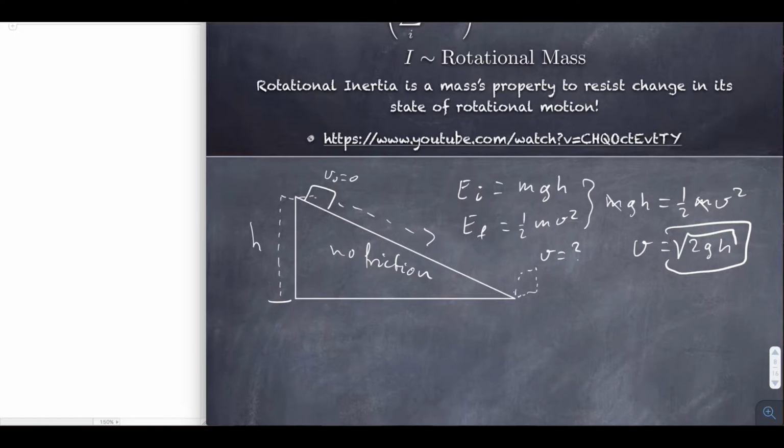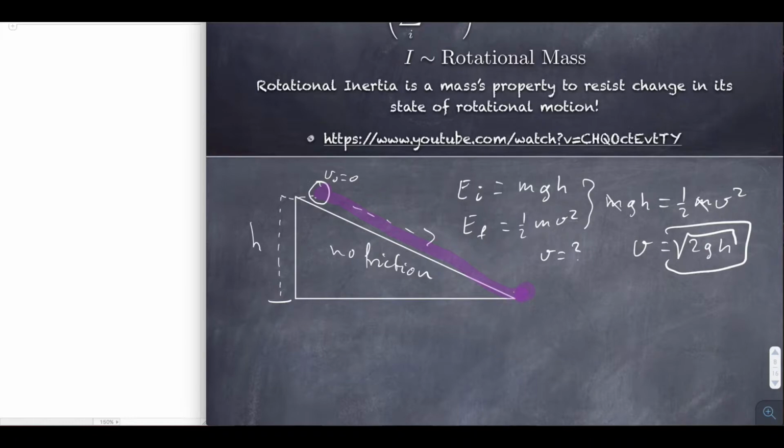But now I could get rid of this crate, and I could replace the crate with, say, a hoop. And so now the hoop is going to roll down, and you have to ask the question, well, I know gravitational energy is going to start here and be converted down here to kinetic energy.